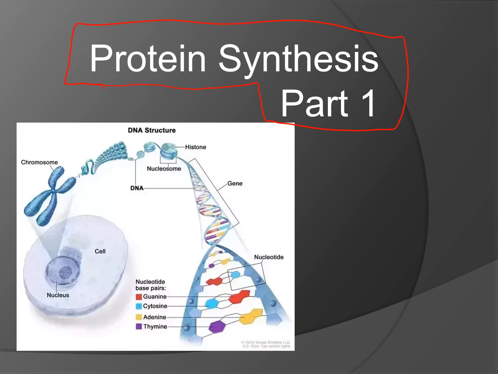So if you go back, this would be a cell, and inside of the nucleus, you have your DNA, which is organized in chromosomes, which we just finished talking about. Chromosomes are what we inherit from our parents, a set of chromosomes from each parent. And the chromosomes are made up of DNA.